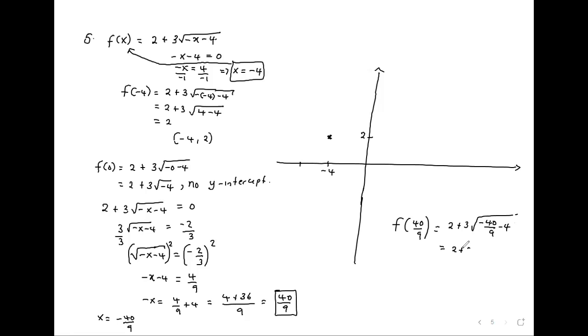That is 2 plus 3, 9 down, -40 minus 36. The guy is negative inside, but it's telling us that it's a root. So we get -76 over 9, which is a lie.